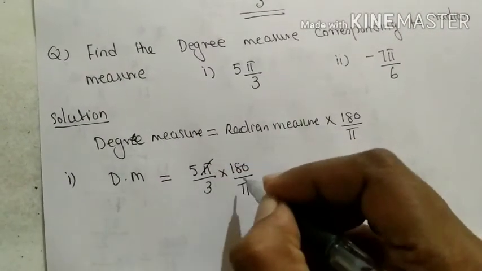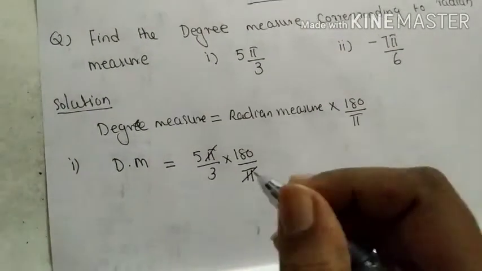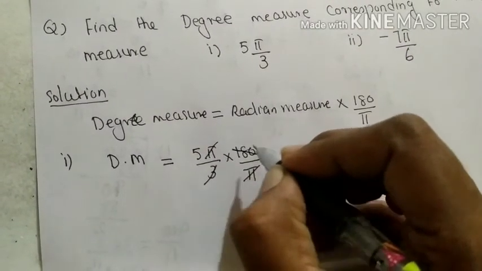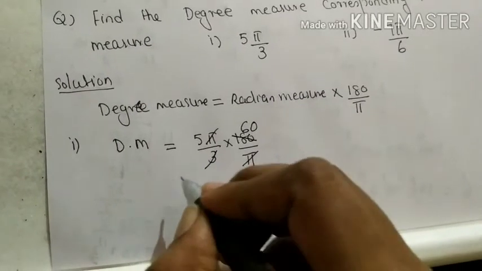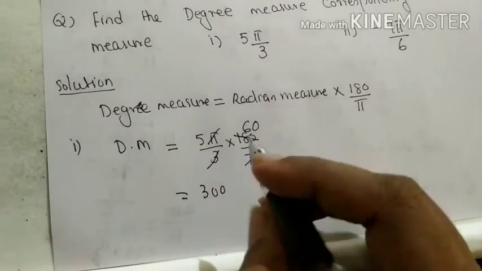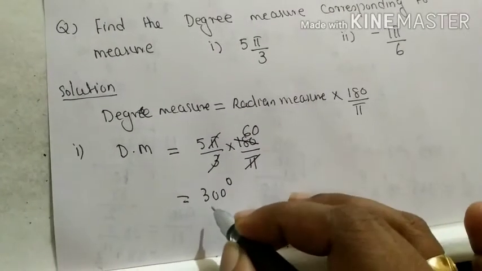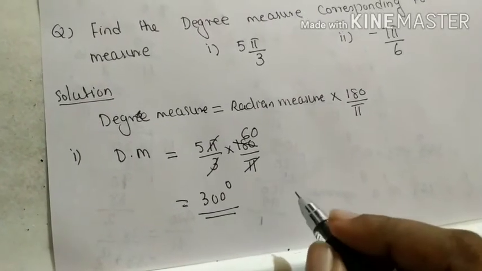So cancelling these 2 pi here. Okay, and also cancel this 3 and it cuts by 60 here. Okay, so we get 300 degree. So 5 pi by 3 is equivalent to 300 degree.